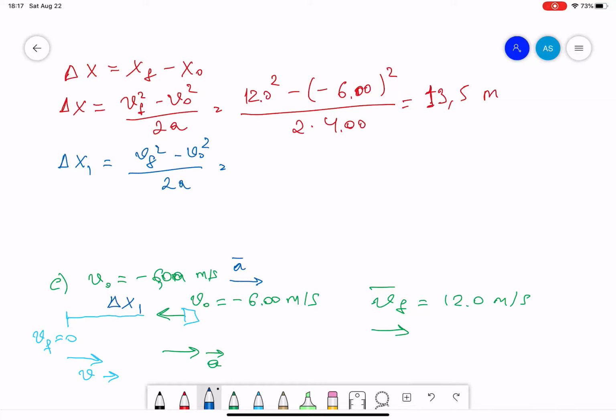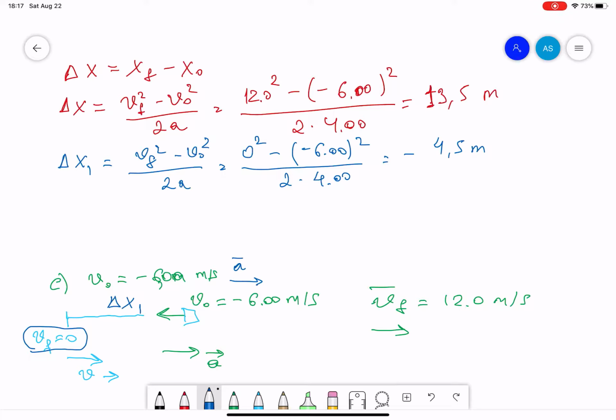Since the acceleration is opposite to the initial velocity, at some point our object will stop, so the final velocity will be 0. So here we have 0 squared minus minus 6 squared, divided by 2 multiplied by the acceleration, which is 4. If you do the calculation, you find that delta x1 is equal to minus 4.5 meters. That means the object traveled in the negative direction, correct?